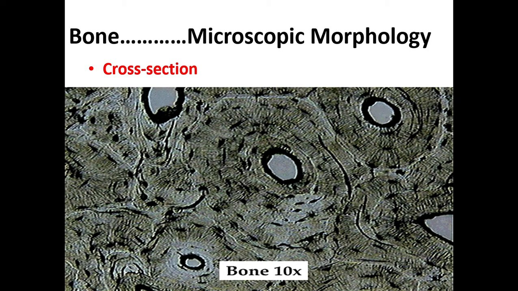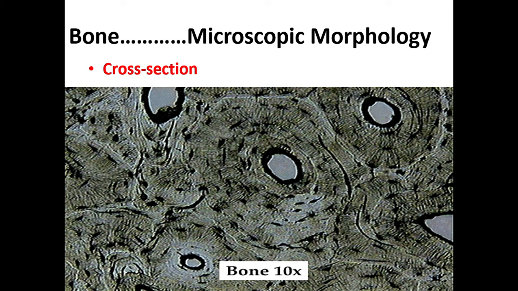Okay, so in this illustration, we have the cross-section, and we have here several concentric arrangements of the tissue we call the osteon. So how many here? 1, 2, 3, 4, 1, 2, 3, 4, 5, 6.